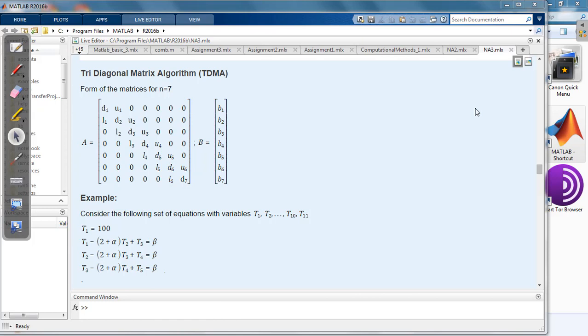So if the solution of this format is less expensive than the Gauss elimination method, then definitely it is very useful for engineers.